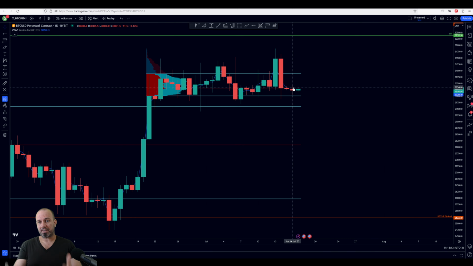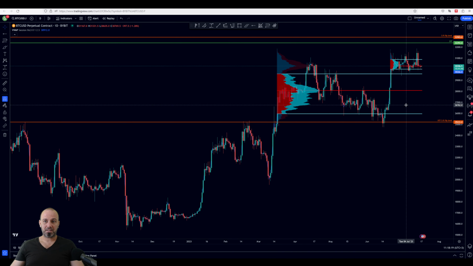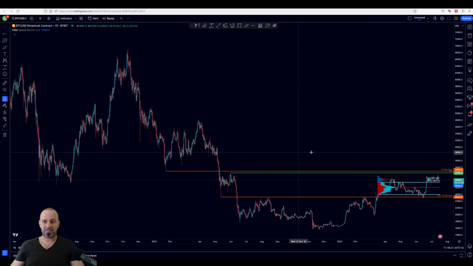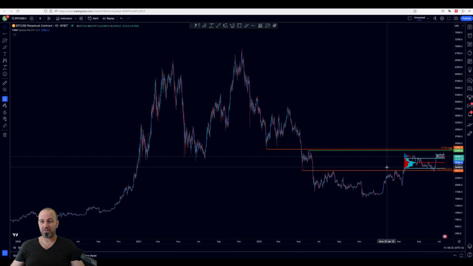But starting with a high time frame and moving to a lower time frame, I'm not using any kind of complicated things, just SNR flip levels and these ranges, and everyone should be aware of this. Tools, very easy to use, very easy to spot, especially on a high time frame.